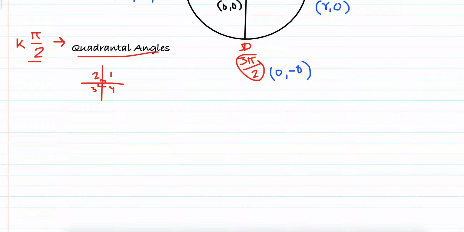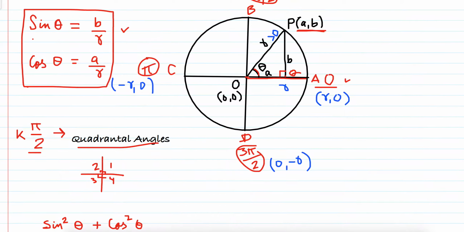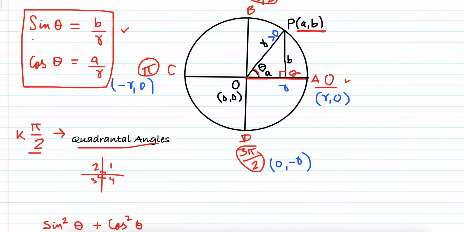First, what happens if we do sin square theta plus cos square theta? Sin theta is b by r and cos theta is a by r.